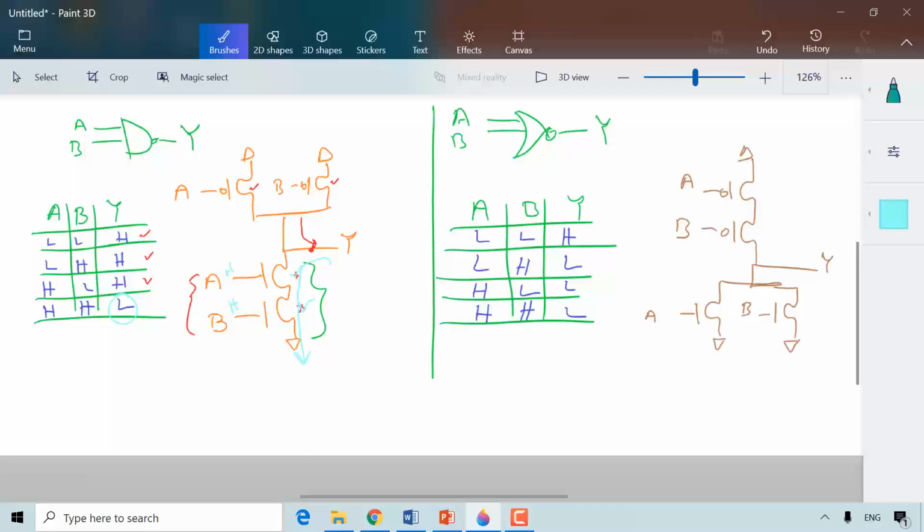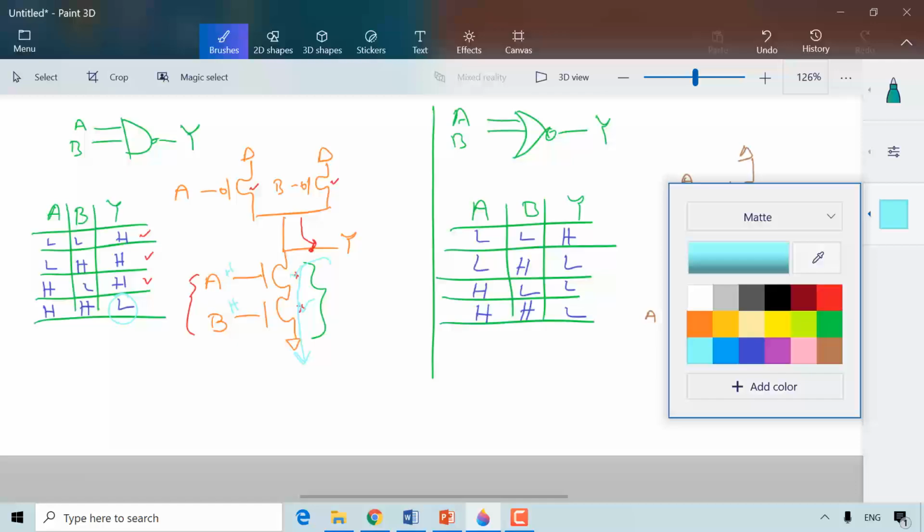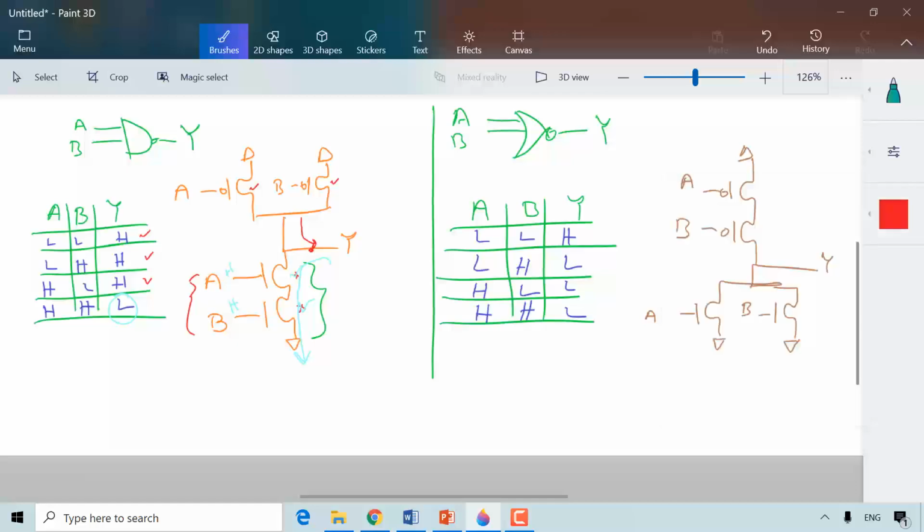Take this similar analysis to the NOR gate. In the NOR gate, we say that when one of the inputs is high, the A or the B, it makes the NMOS on, providing a path to the ground.